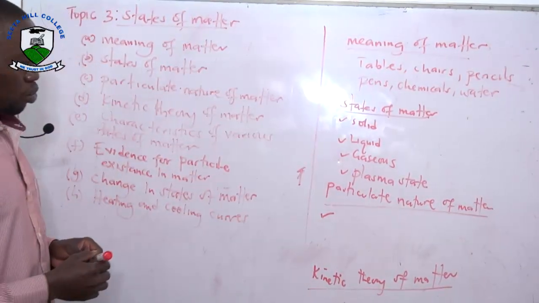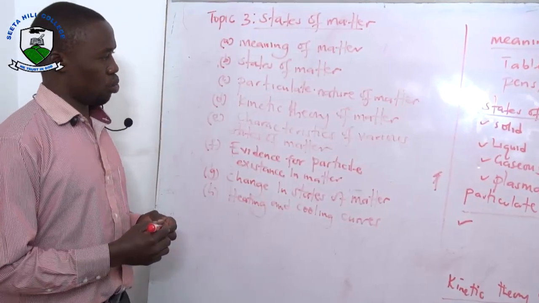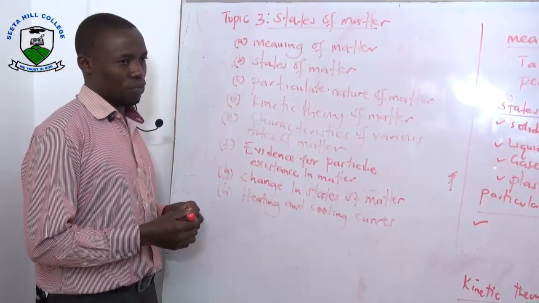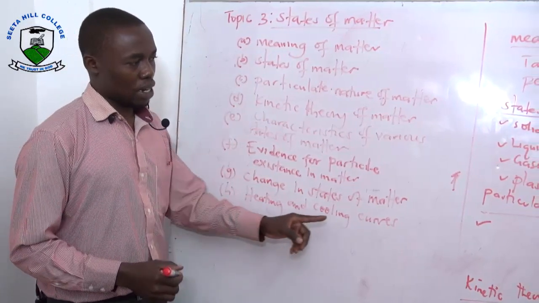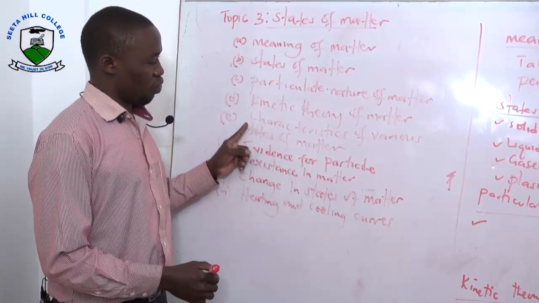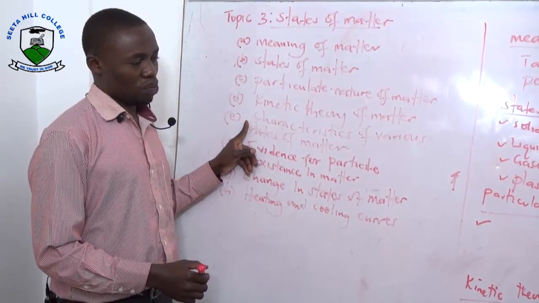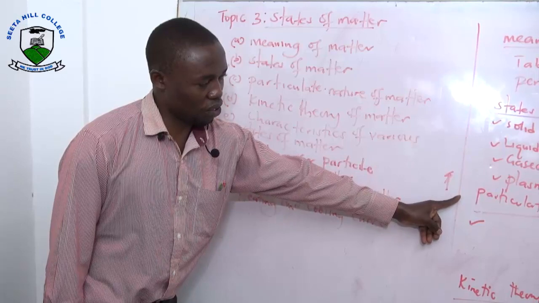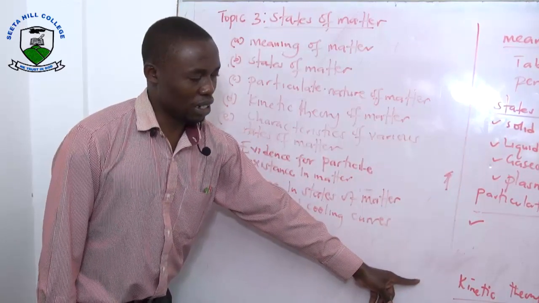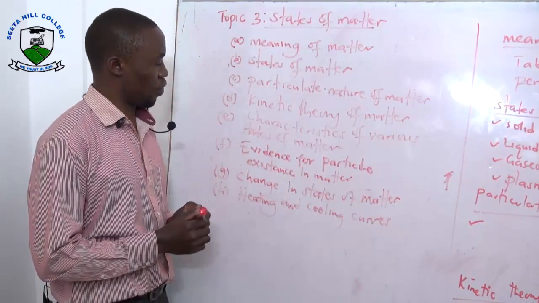Now that one will throw us to what we call the characteristics of various states of matter. Let us stand there. In the discussion of the characteristics of various states of matter, I would request you to refer to our scientific theories that you have stated, and the summary of the kinetic theory.